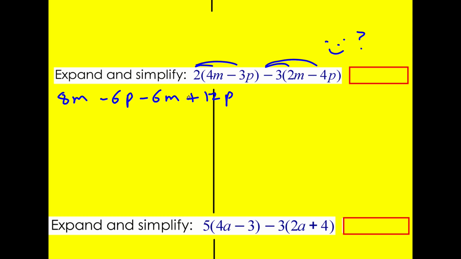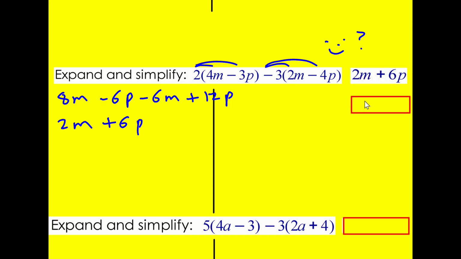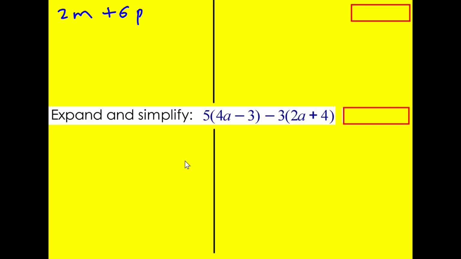So I'm trying to explain why does it become a plus, as well as just the normal rule of a negative times a negative gives a positive. This is going to give us 2m, and then that was a plus 12, so it's going to be plus 6p. Whew. All right, try this one yourselves.